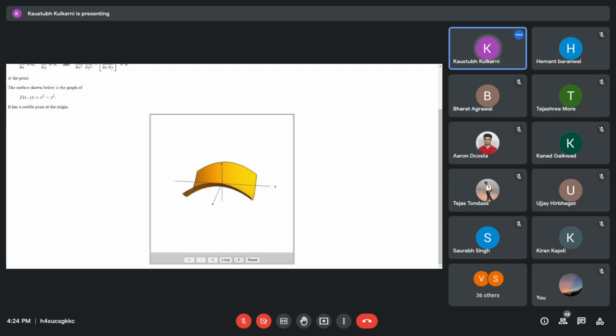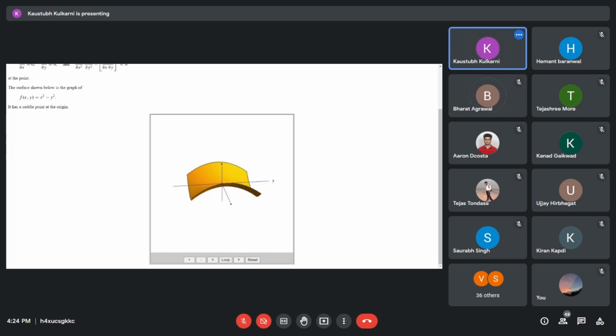If you take the cross section of this function, x square minus y square, with the y equal to 0 plane, that means the plane which passes through the x and z axes. Normally we have x and y axes on the plane, and the z axis points outward or inward.